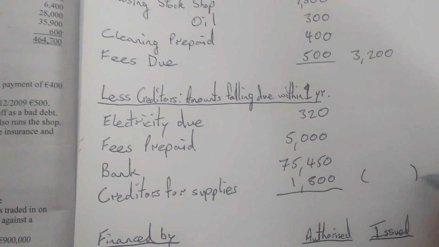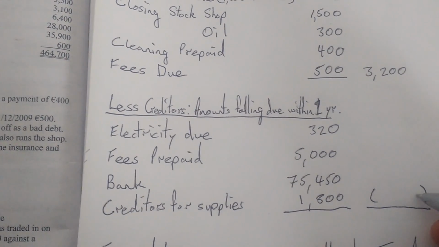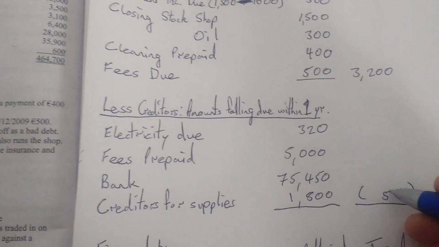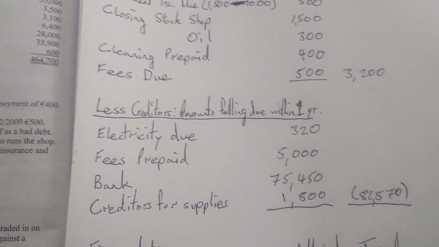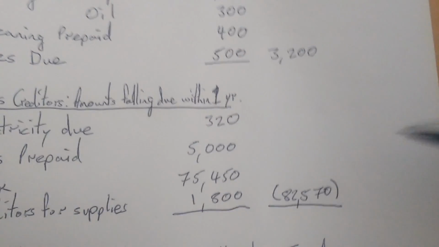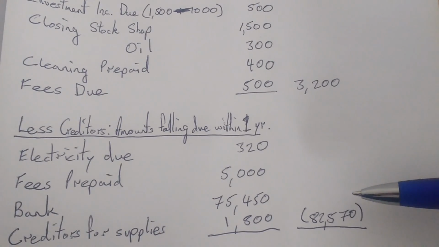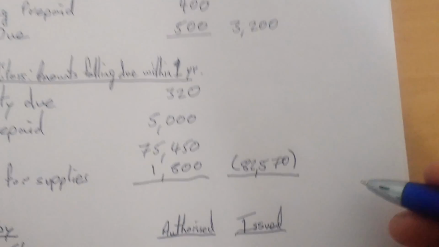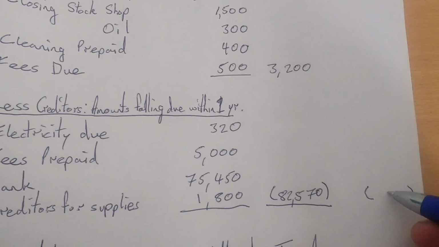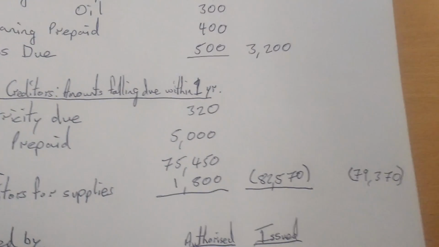Totaling that up and putting it here, it's going to be a lot bigger than the current assets figure. What are we talking about here? 15 and 82. Okay. Right, I'm sure that's probably right. Okay, so next thing is, ordinarily we're subtracting this figure from that figure, and in this case we are also, but we're going to end up with a negative over here when we do. So if we subtract that from that, 79,370 is the result.